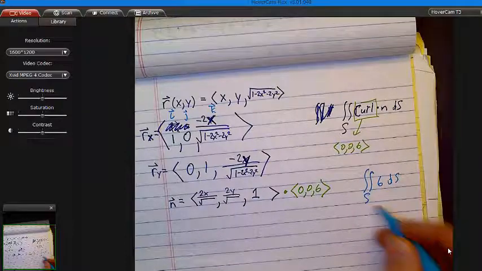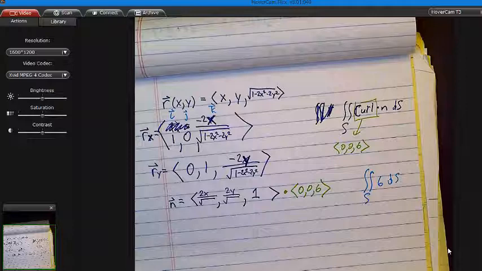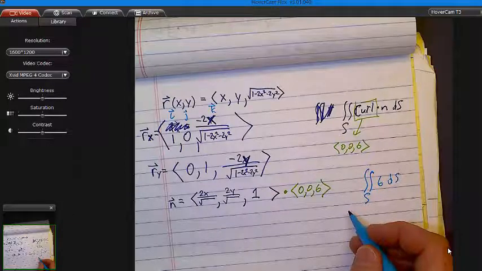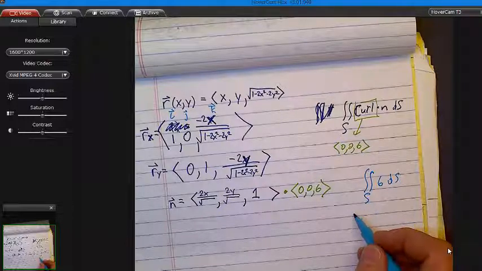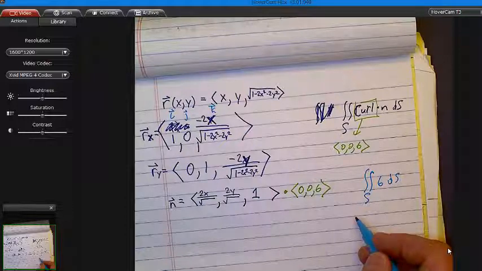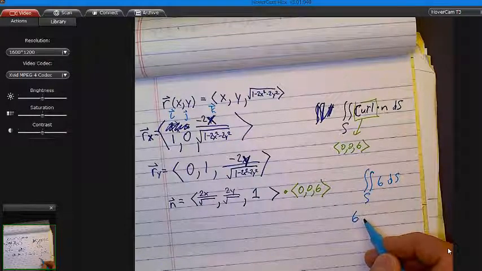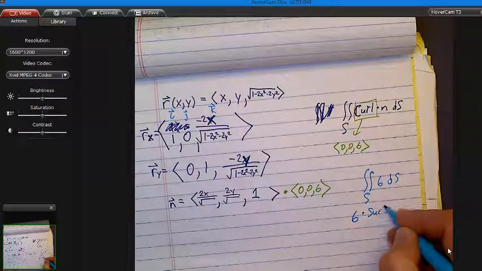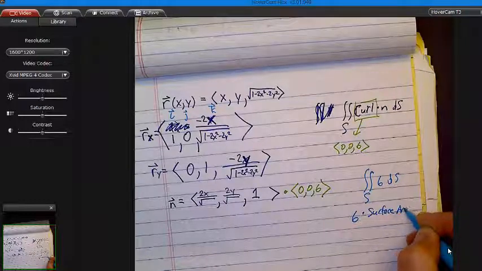But again, here's where the parameterization comes in, right? So let's see. Well, one thing we could do is we could say it's 6 times the surface area, right?